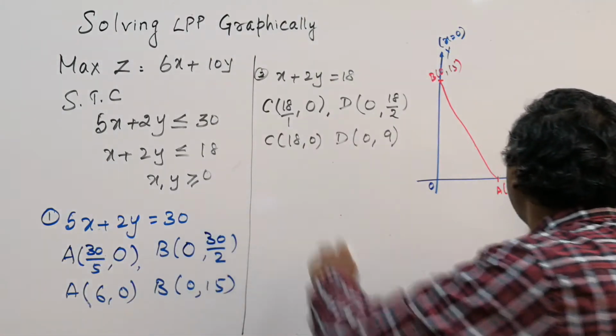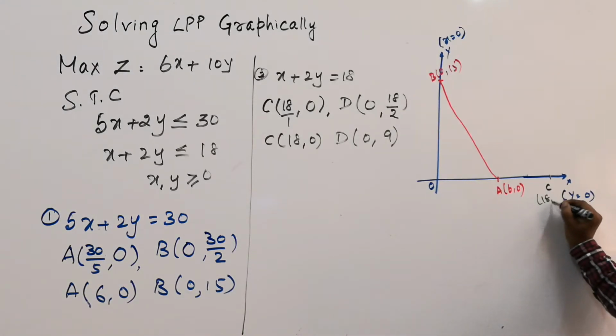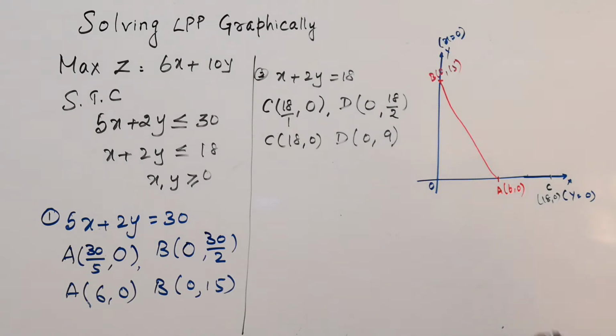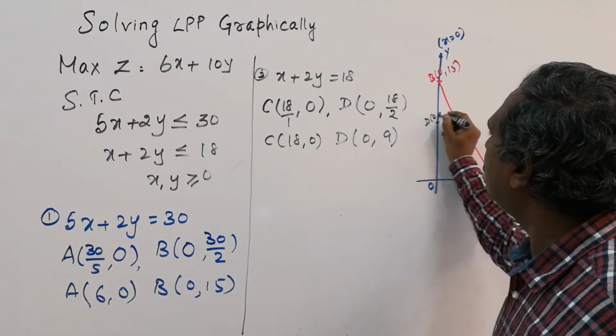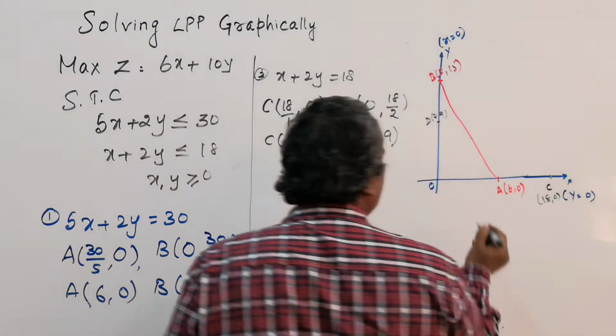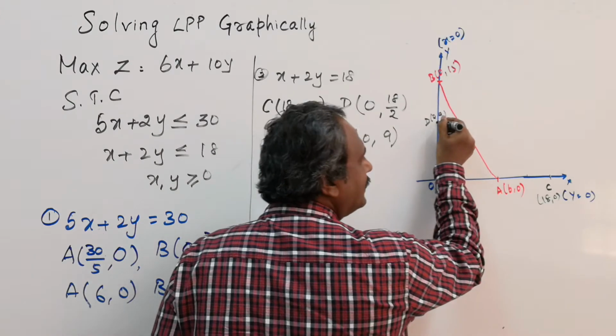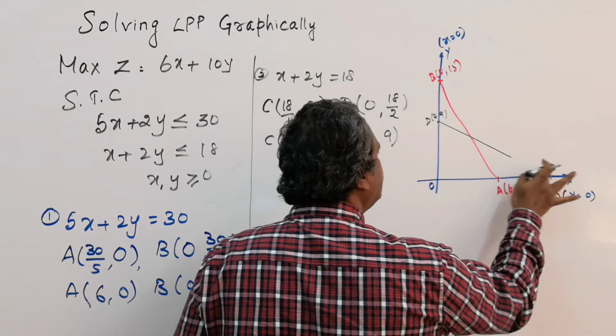My C will be somewhere here, 18, 0, and my point D will be somewhere here, 0, 9. Now I am going to join these 2 points by a straight line.